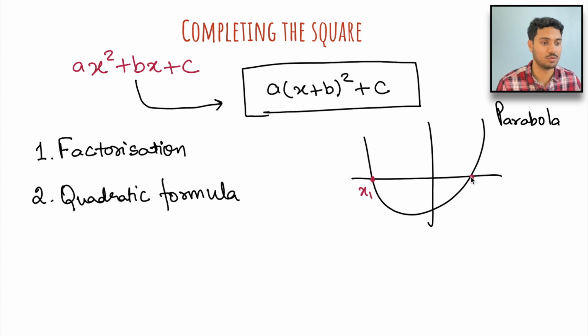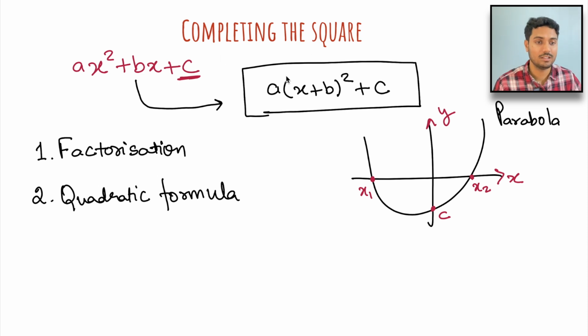Whether you use the factorization method or the quadratic formula method, the x1 and x2 that you get are represented on these 2 points, which are the points of intersection on the x-axis. This is your y-axis, and this is the value of c, which is the y-intercept, which is also mentioned in the equation or the expression, but when you plot it, you get it here.